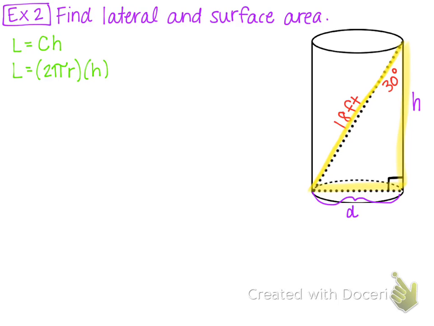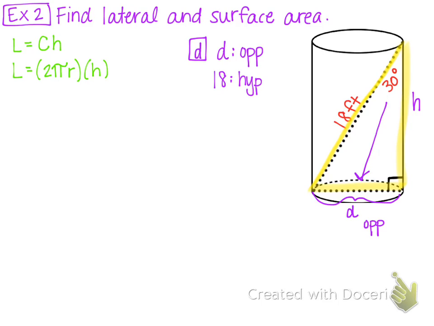Let's find the diameter first. In reference to this angle, the diameter D is opposite, and the 18 is the hypotenuse.